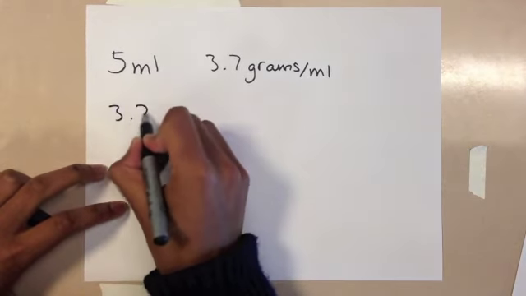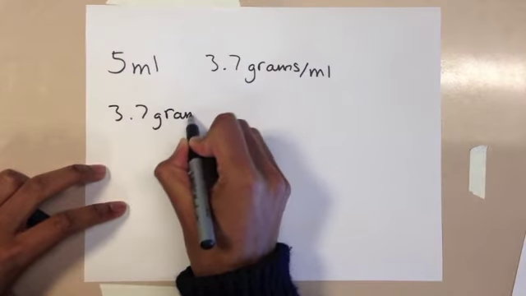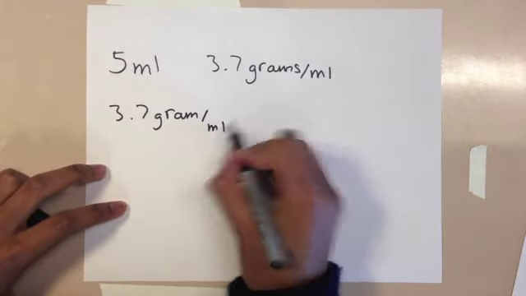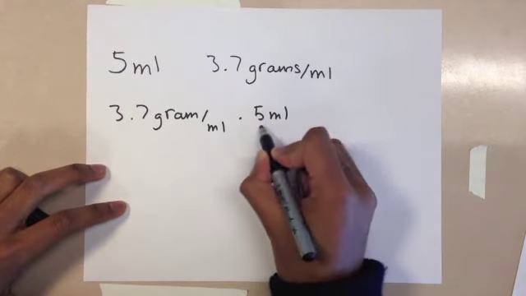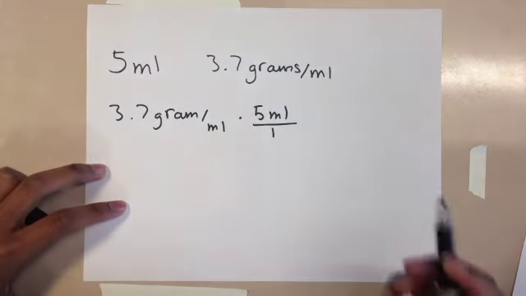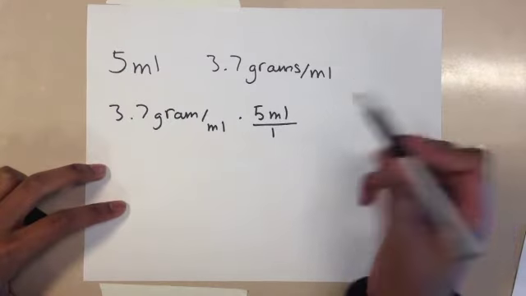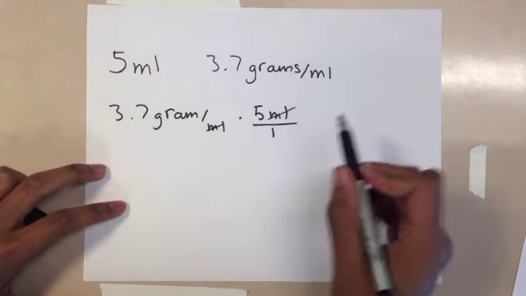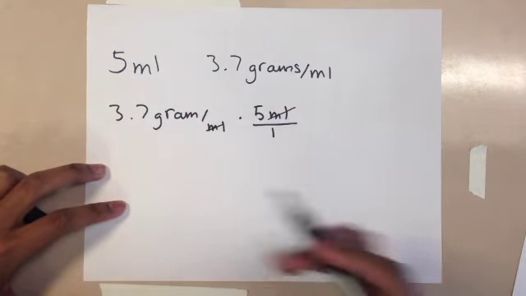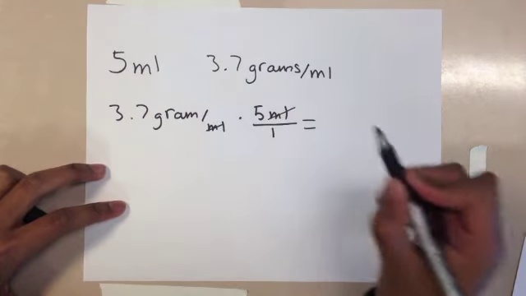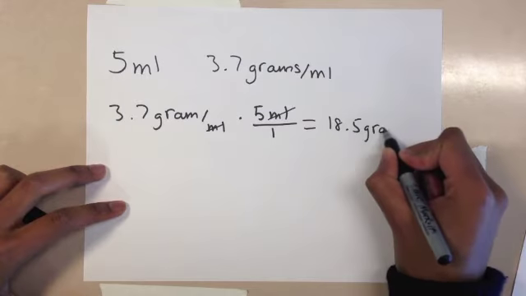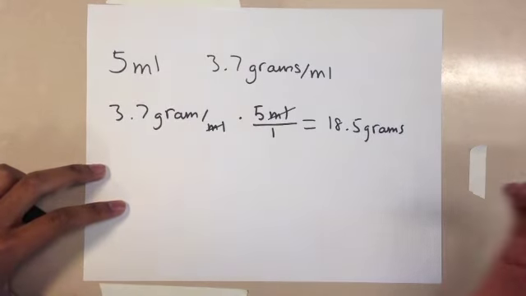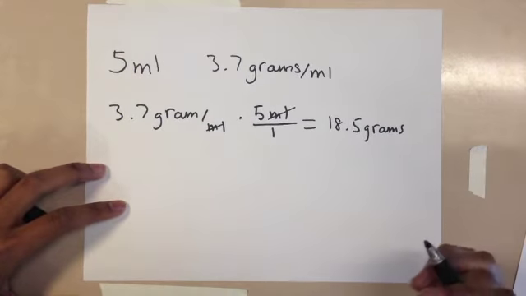We have 3.7 grams for every 1 milliliter, and we have 5 milliliters of the solution. Here, we can cancel out similar units. Milliliters cancel, leaving us with 3.7 grams times 5. And we can therefore find that there are 18.5 grams of solute or dissolved material in this solution.